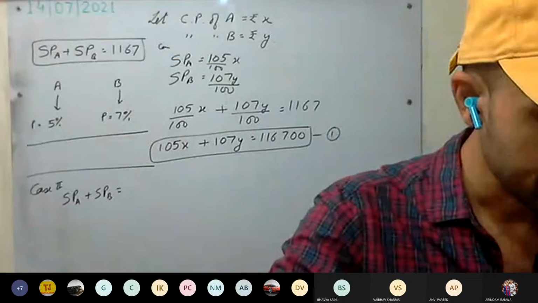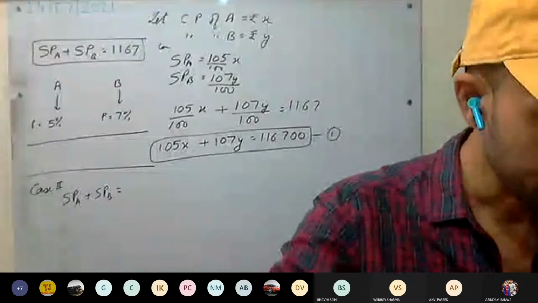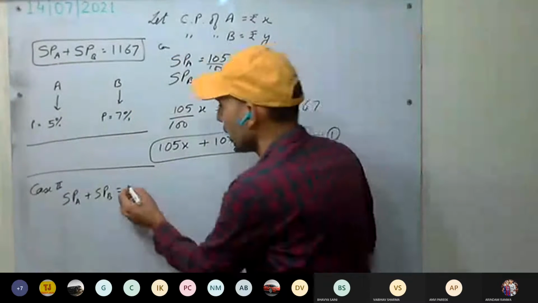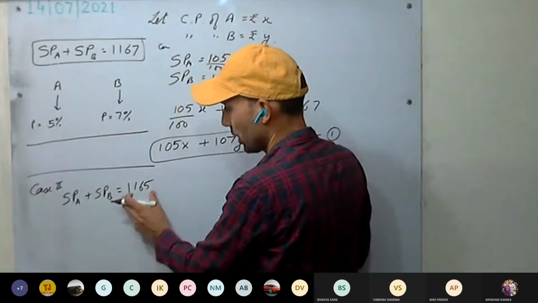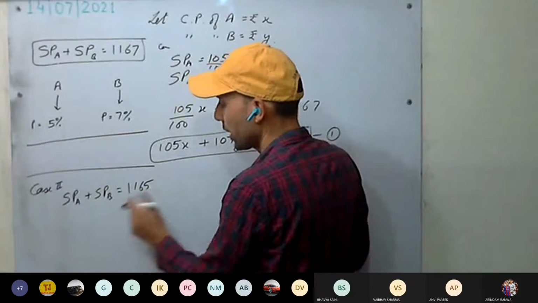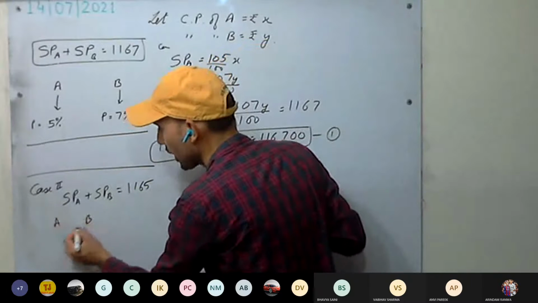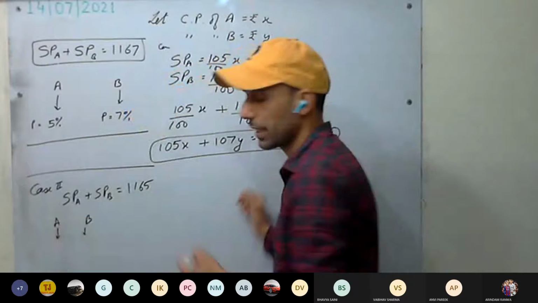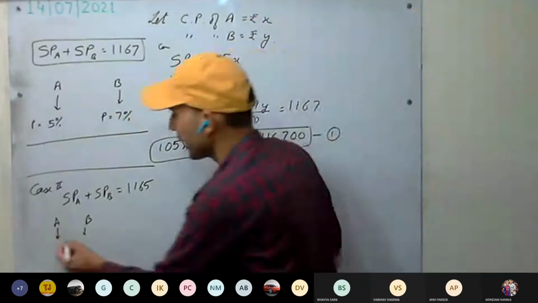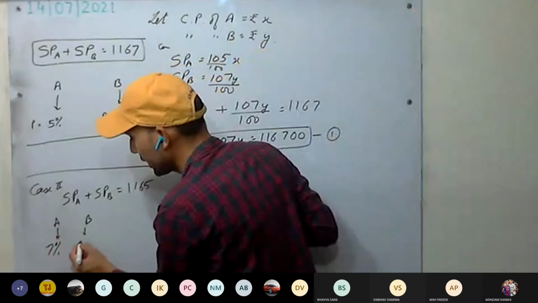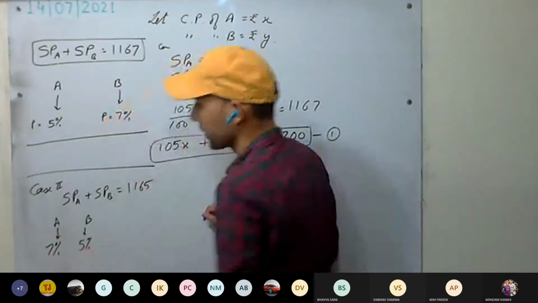If the two articles are sold for 1165. If you are selling these two articles for 1165 on A and B, how much profit are we making? A profit of 7% is made on A. This time on A we are making 7% and on B we are making 5%.